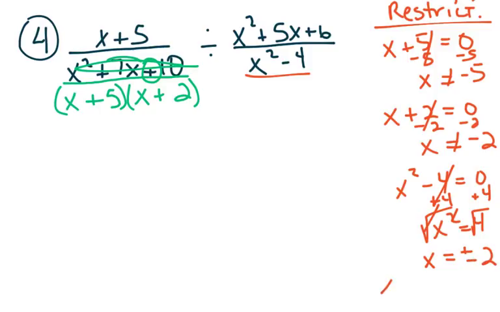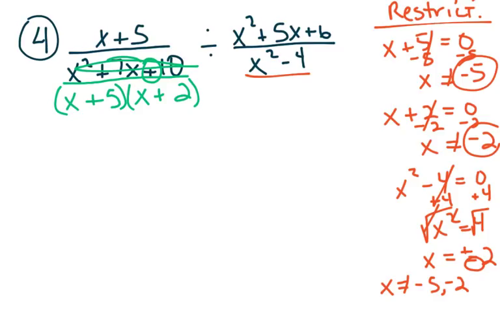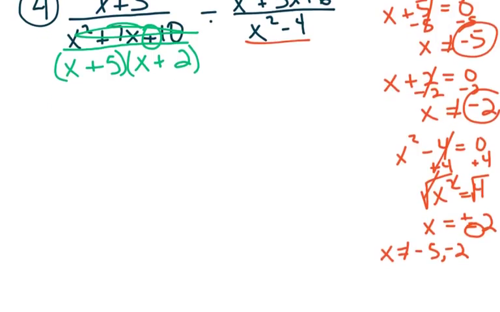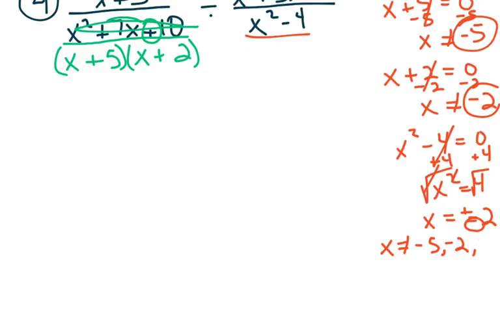Again, I have to allow for both the positive and the negative 2. So what I'm seeing here is that my restrictions are x cannot equal negative 5, negative 2, which is both here and here, and positive 2. Sorry guys, I kept hitting my arrow by accident.